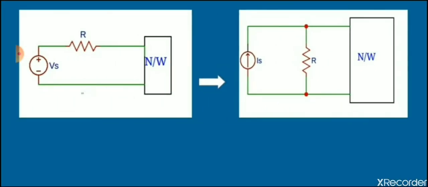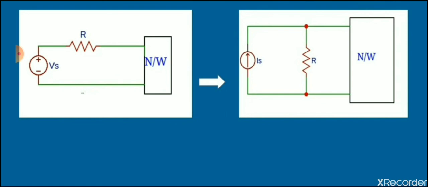Now these practical current sources and practical voltage sources we can replace. If a practical voltage source is given, we can convert that voltage source into a practical current source, or if a practical current source is given, we can convert it into a practical voltage source.